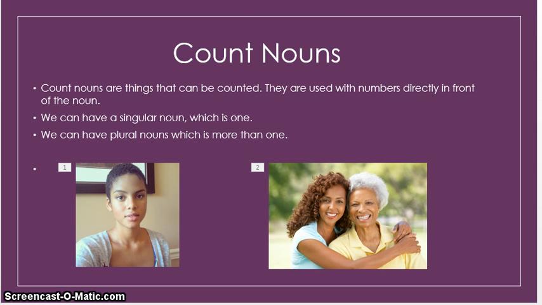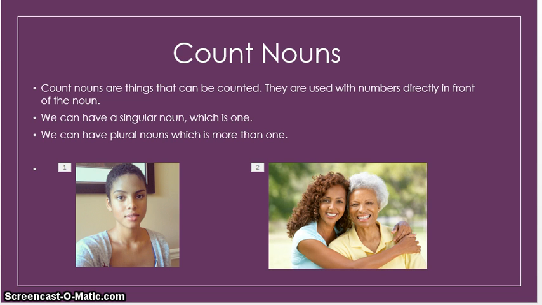Next, we're going to talk about count nouns. Count nouns are things that can be counted, and they are used with numbers directly in front of the noun. We can have a singular noun, which is 1, or we can have plural nouns, which is more than 1. In the first picture, you see 1 woman.